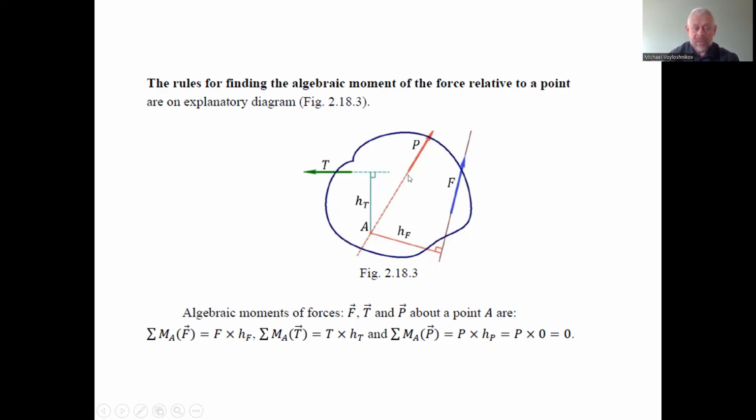If the line of action of a force crosses the point of rotation, the moment equals 0, like here for the force P around the point A. Counterclockwise we assume as positive, clockwise as negative. It's not so important, but we can change these two moments in the balance equation.